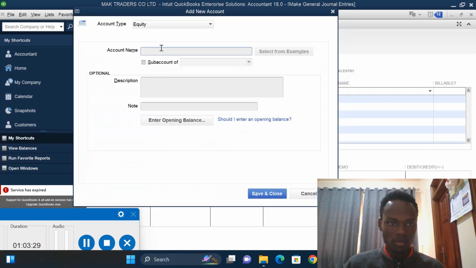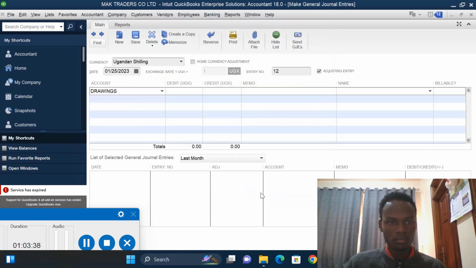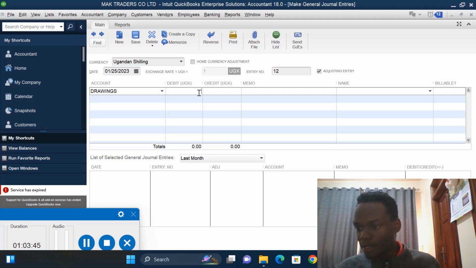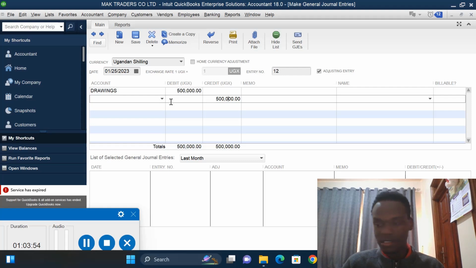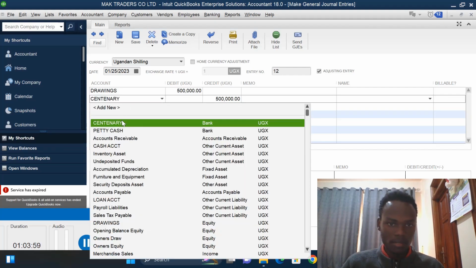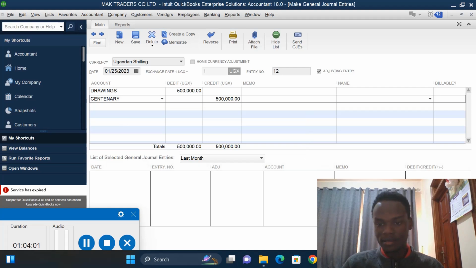So account name will be drawings. So we shall debit the drawings by 500,000 and we shall credit Centenary Bank for the same 500,000.